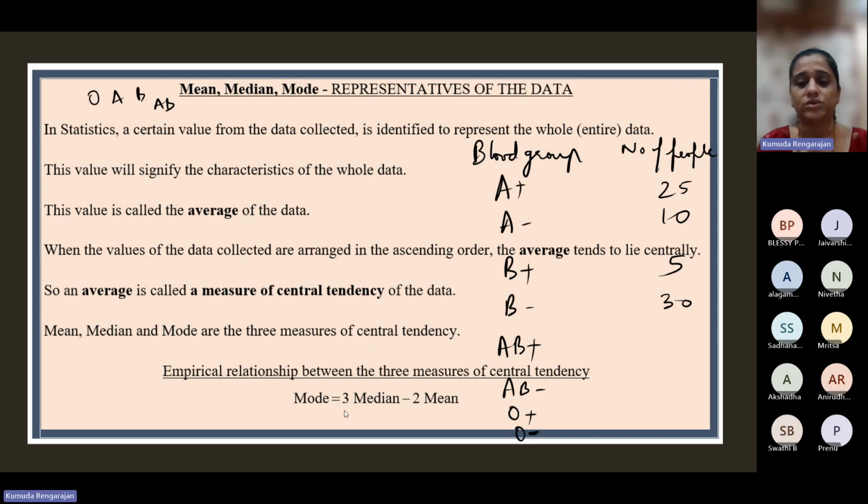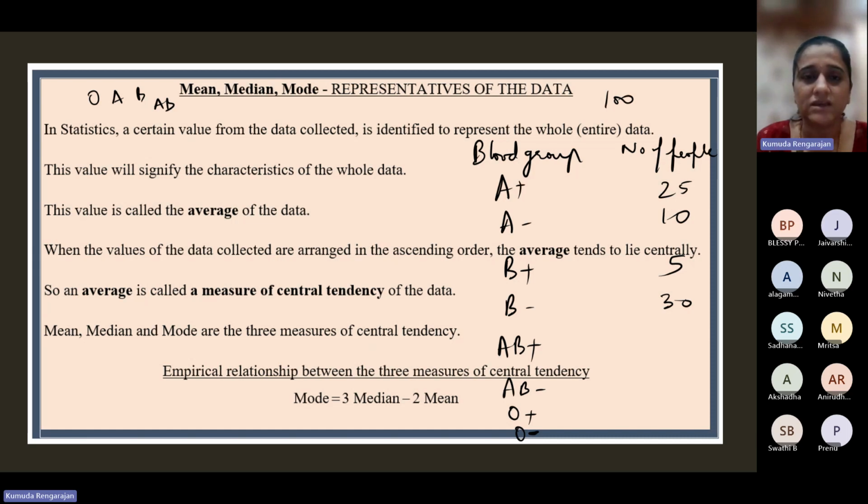Yes, so this is a frequency distribution showing the number of people against the respective blood group. So the statistician has collected data regarding the blood group from a set of 100 people.